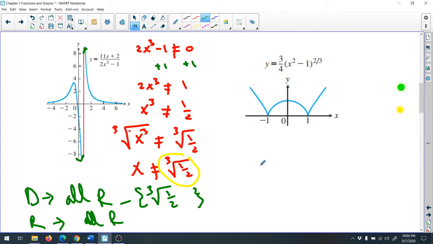We have another type of function, which is y equals 3/4 of x squared minus 1, exponent 2/3. If you want to find the domain, look, if we track the domain over here, you will see that we're coming from negative infinity, then we come closer to negative 1.